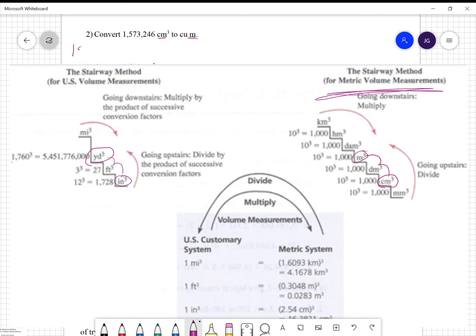So 1,573,246, I'm going up, so I'm dividing by 1,000 squared. 2 steps, power of 2. That's 1.573246, which rounds to 1.6 cubic meters.